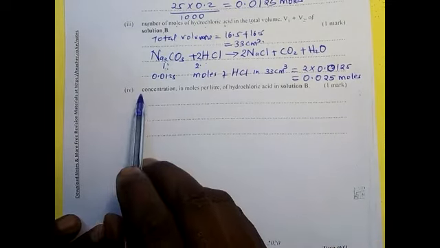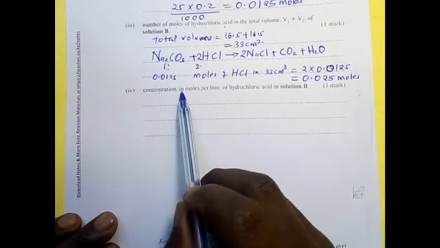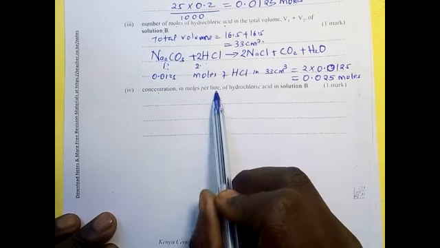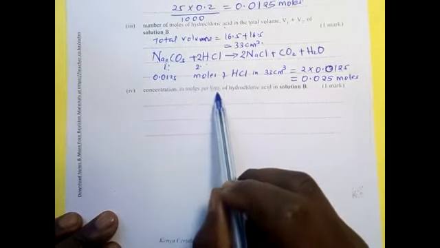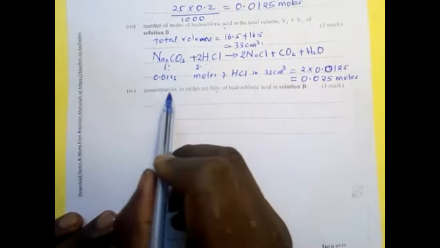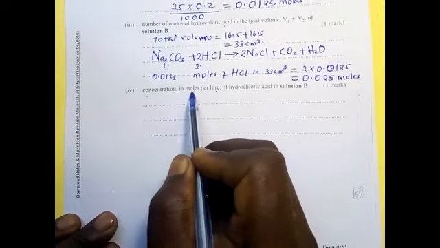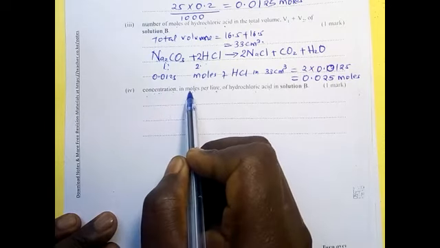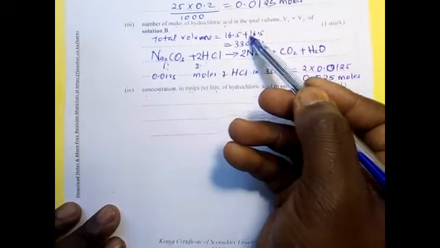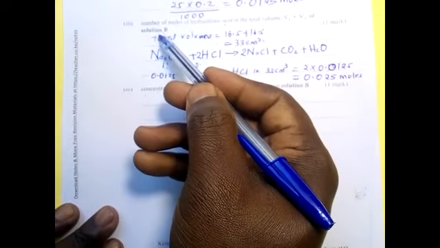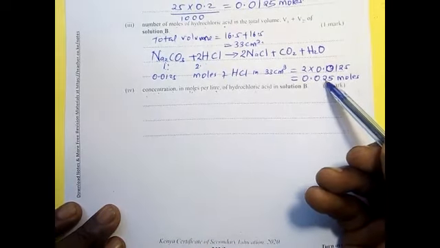Roman 4. Calculate the concentration in moles per liter of hydrochloric acid in solution B. Concentration in moles per liter means number of moles in 1 liter. It means molarity. But we know that the 33 centimeters cube of solution B has 0.025 moles.